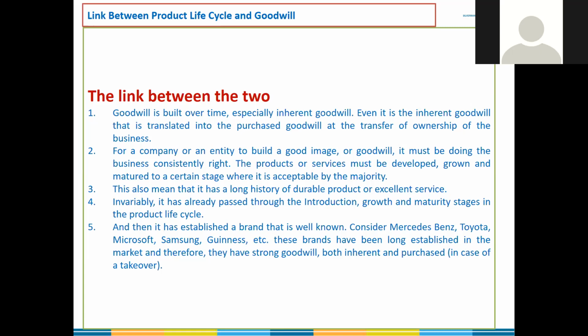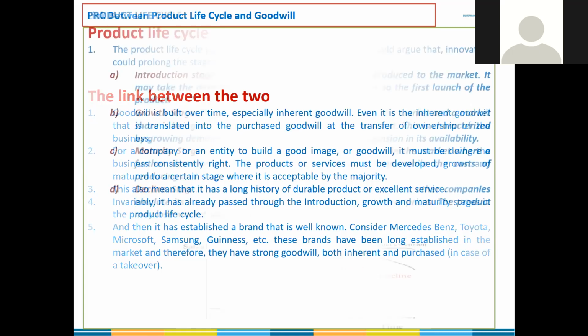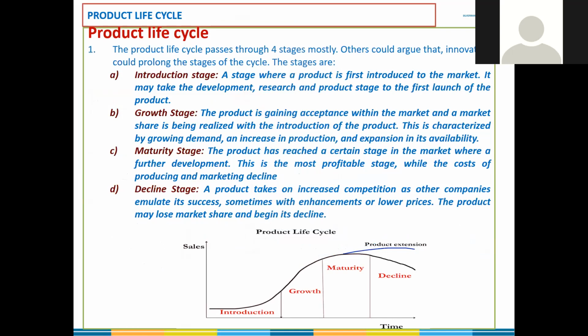But if you are discouraged at the initial stage, at the introduction stage, let's go back to that slide. You see the table down there: if you are discouraged at the introduction stage and then you stop along the line, then you are not going to make the profit. You see the graph is climbing up. That means your sales is increasing as you pass the introduction stage to the growth stage.